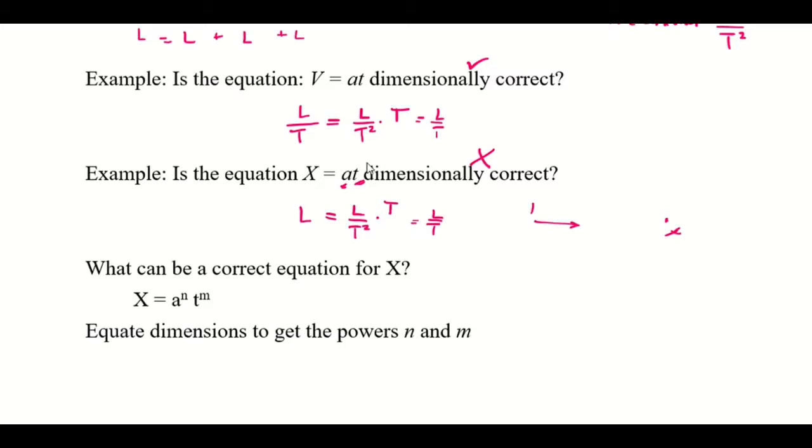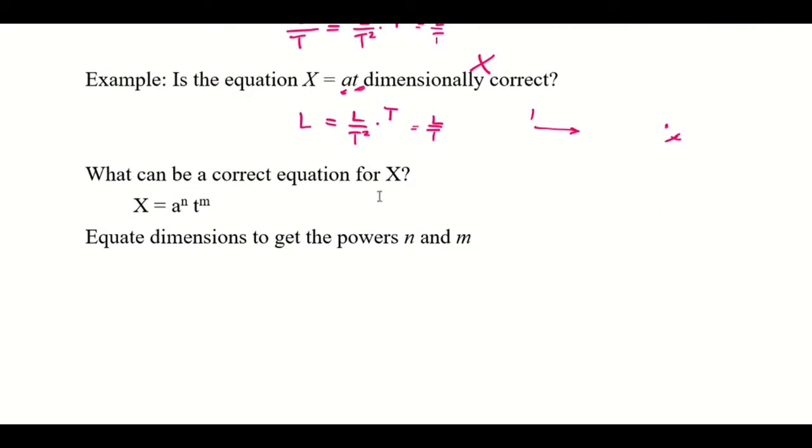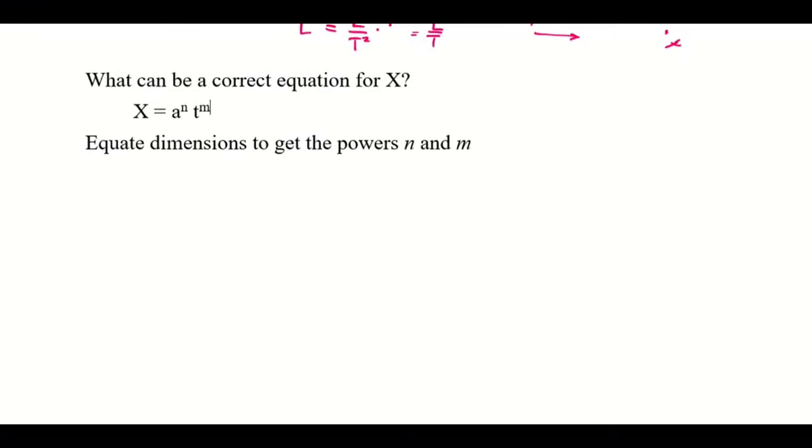So maybe there's a power over here, and that would make the equation dimensionally correct and maybe also physically correct. So what could be a possible equation? What could be a correct equation for x? So we just say, okay, it's a to the power n, and t to the power m. Now, what could be possible powers of n and m?